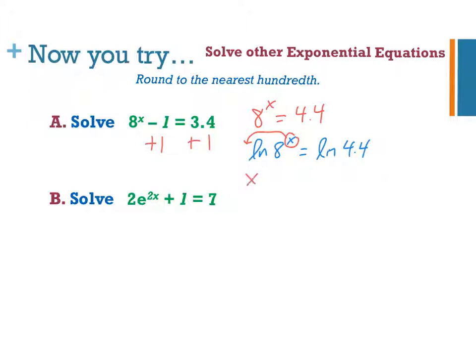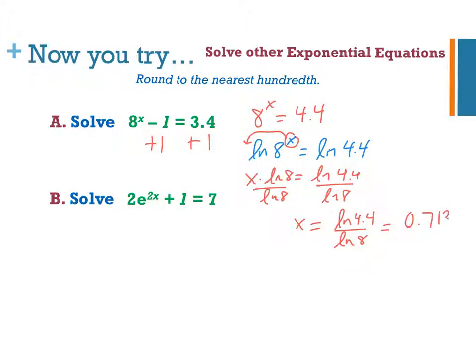So now it reads x times the natural log of 8 equals the natural log of 4.4. And then again, in order to solve for x, dividing the natural log of 8 on both sides, what I have is x equals the natural log of 4.4 divided by the natural log of 8. And using my calculator, you should get an answer of 0.713.